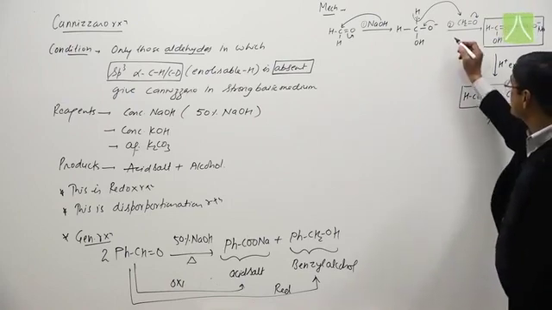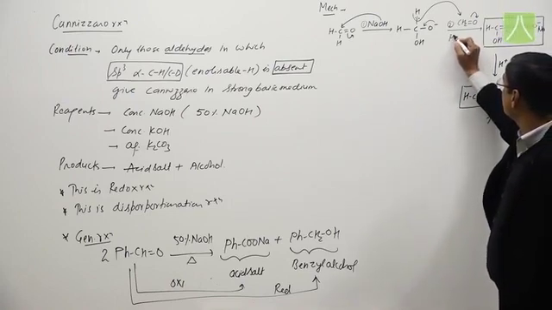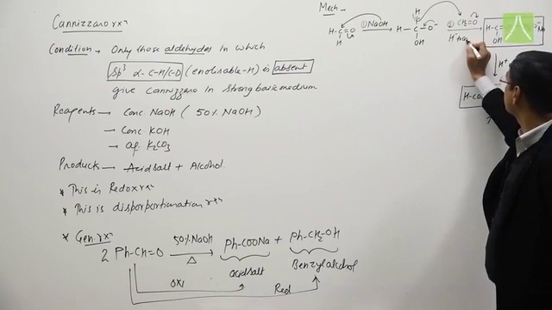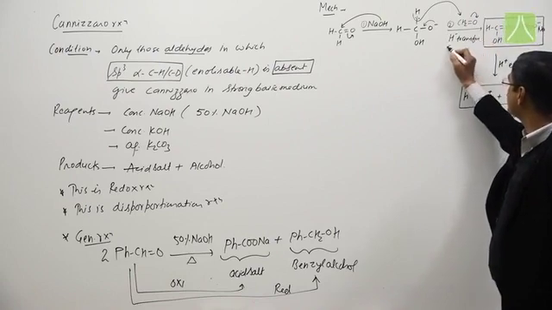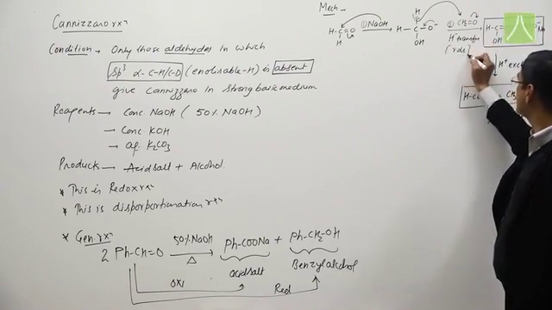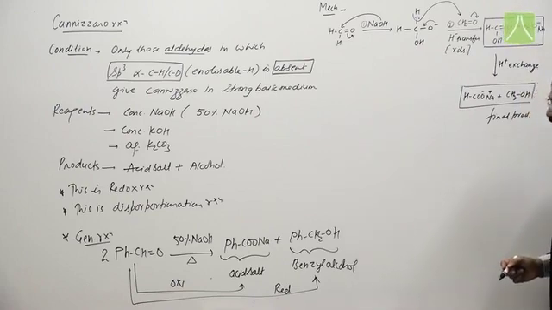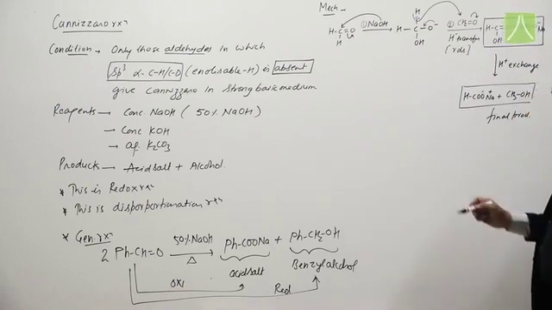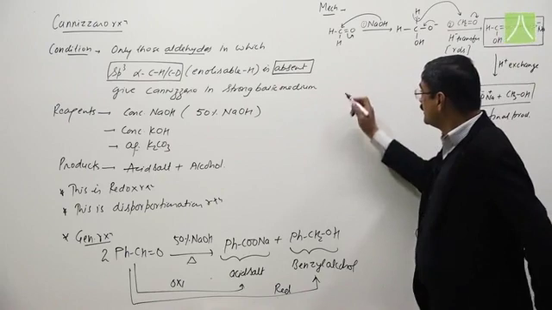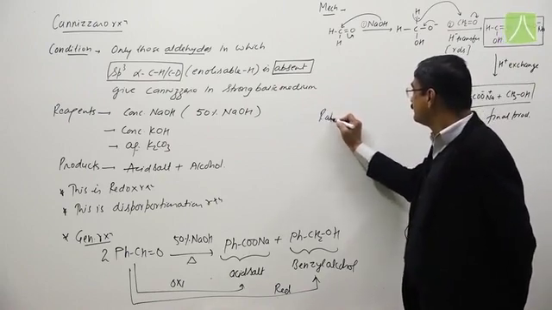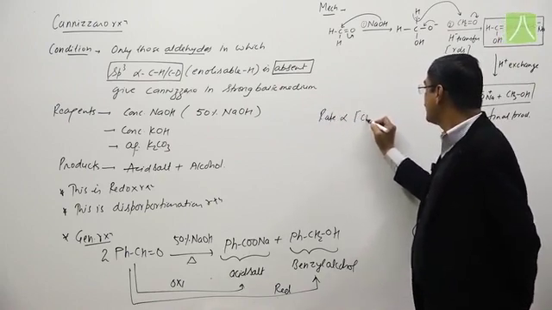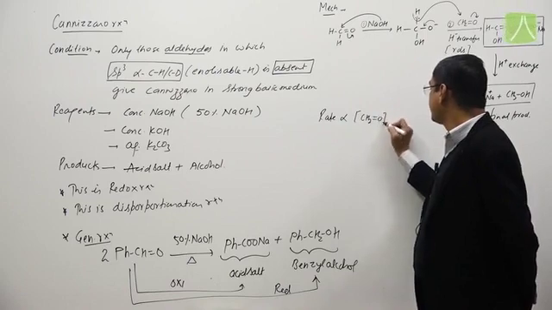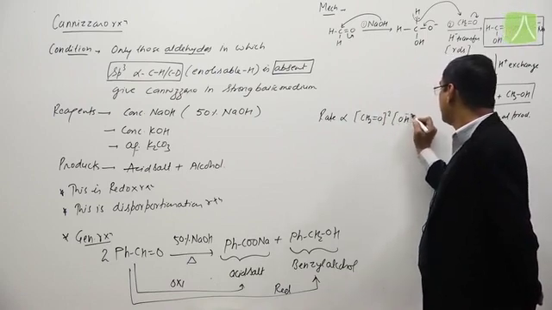Step 2 is very difficult and it is known as hydride transfer. You always know the difficult step or the slowest step is known as the RDS step. So this is the mechanism of Cannizzaro reaction. Now rate or kinetics. 2 molecules of aldehyde and 1 molecule of base are taken.